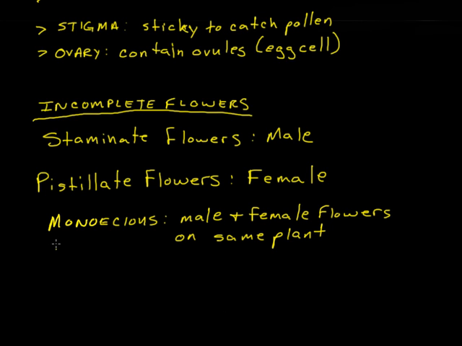On the other hand, we've got plants that are either altogether male or altogether female, and those species that have plants like that we call dioecious plants, which means they're either male or female.